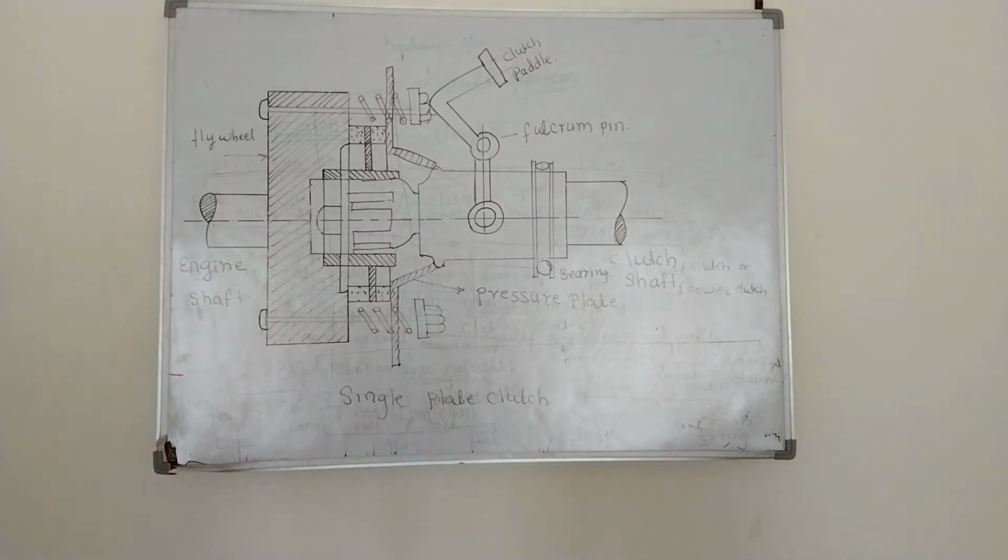Now, this is the diagram of the single plate clutch.